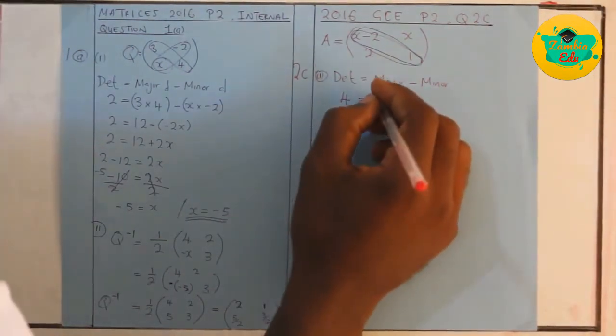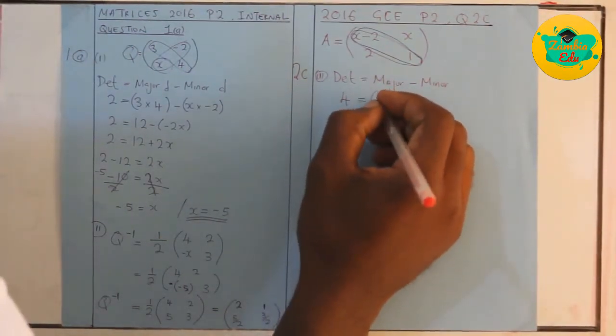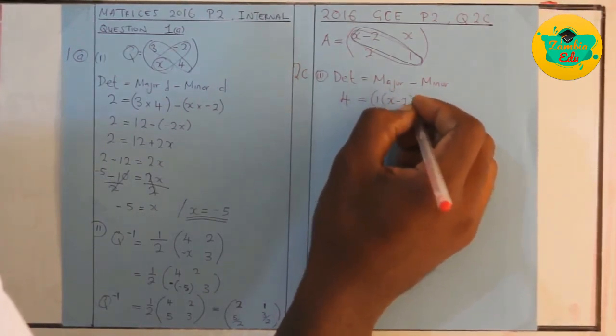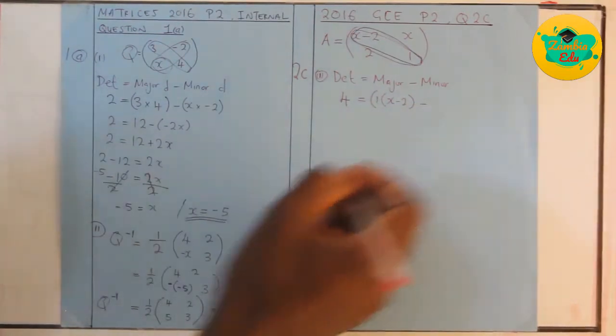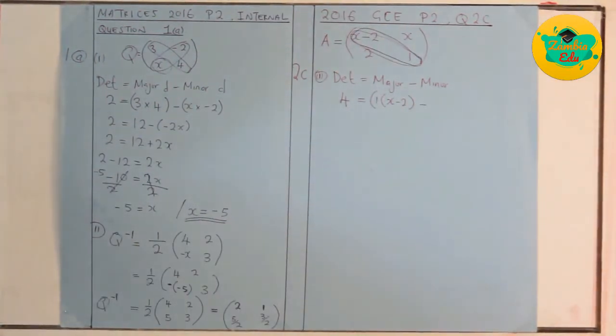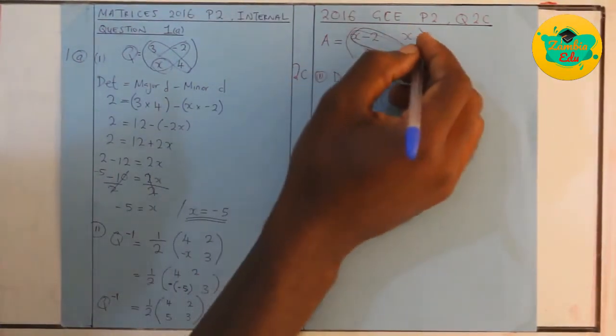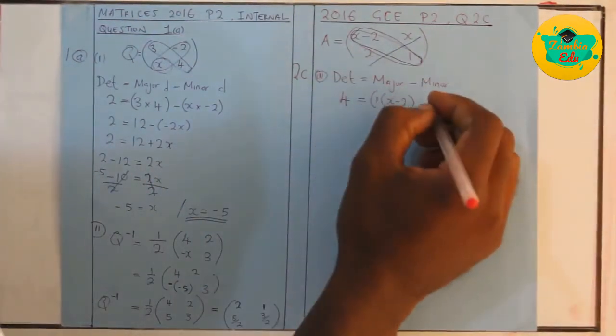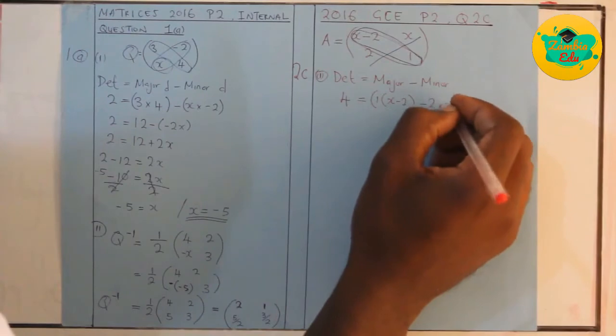So our major diagonal, we put in brackets there, we are saying 1 multiplied by x minus 2. Take away our minor diagonal. So our minor diagonal is this one right here, 2 multiplied by x.